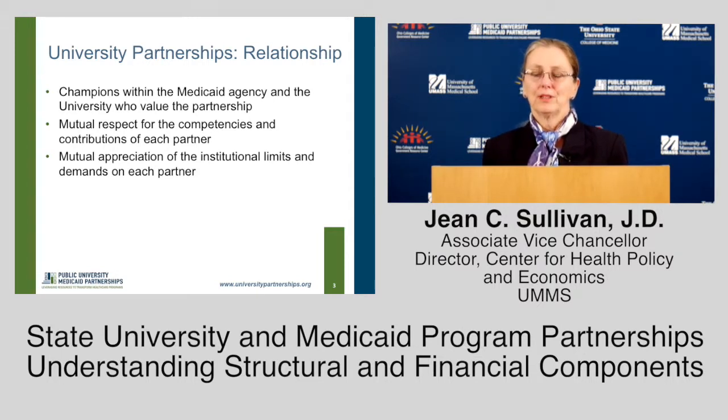There are also accountabilities that any academic center has to be cognizant of and has to serve, as well as accountabilities of a public agency. And when the parties to any one of these partnerships appreciate what the differences are in those respective accountabilities and where those opportunities align, the better this works out.